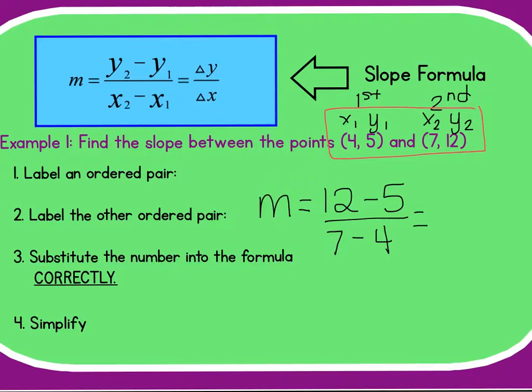So then you calculate. 12 minus 5 is 7, 7 minus 4 is 3, and since this can't reduce without being a mixed number, you're just going to leave it as is. Your slope is 7 over 3. So in terms of directions, that would be up 7 to the right 3.